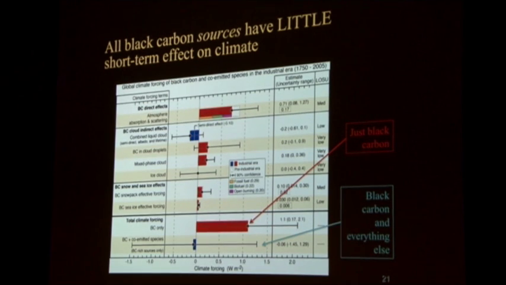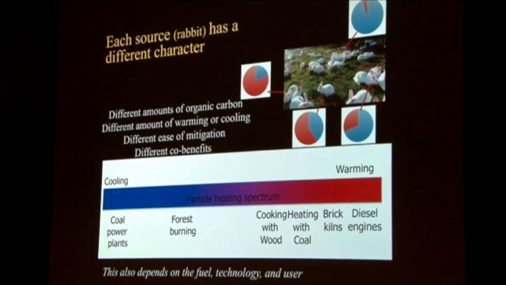I don't do much health, but I do want to point out that some of the same sources that have climate impact also have a lot of health benefits. This is a figure from the comparative risk assessment that isolated sources of premature mortality, premature death.